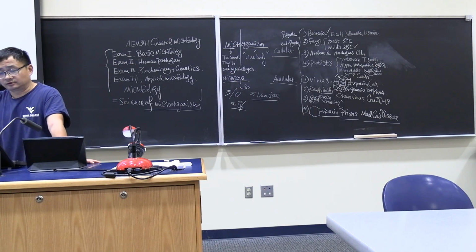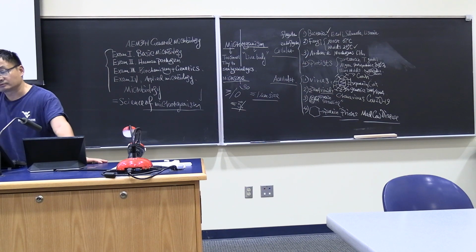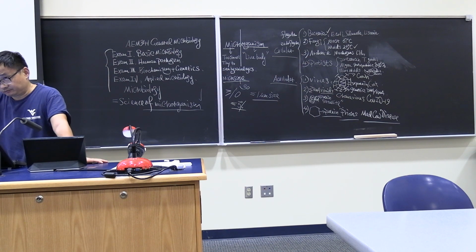Next one. How do we understand the microorganism? Everybody knows bacteria is really bad. Microorganisms are bad. That is our first impression. For example, they cause lots of human disease. Let's say E. coli causes diarrhea and urinary tract infection.